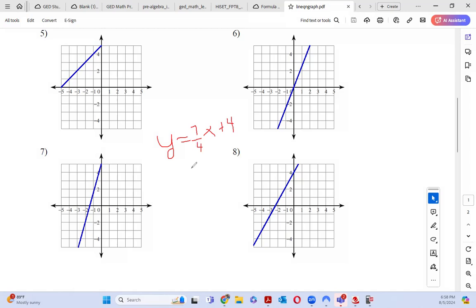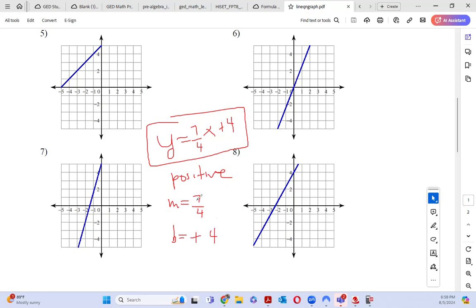Okay. Is this slope positive? So with this equation, is my slope positive or negative? Positive. So that doesn't get rid of any of these because these are all positive. 5, 6, 7, 8 are all positive, correct? Right. So I can't eliminate any of them. What's my slope? 7/4. What's my y-intercept? +4.